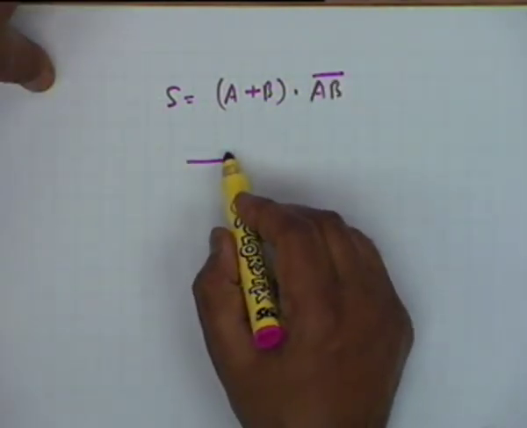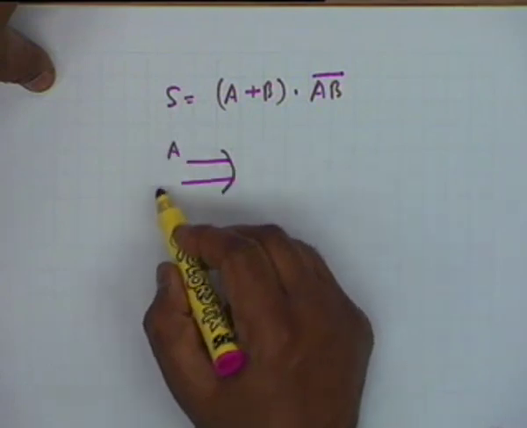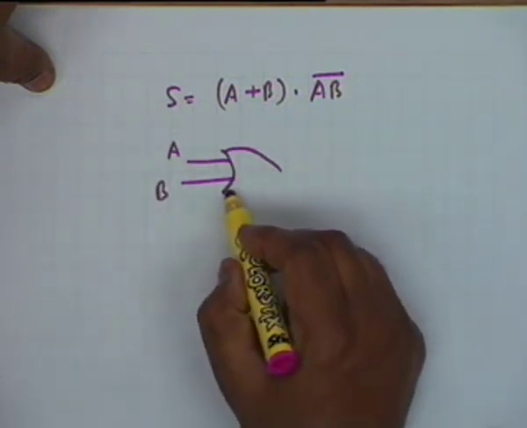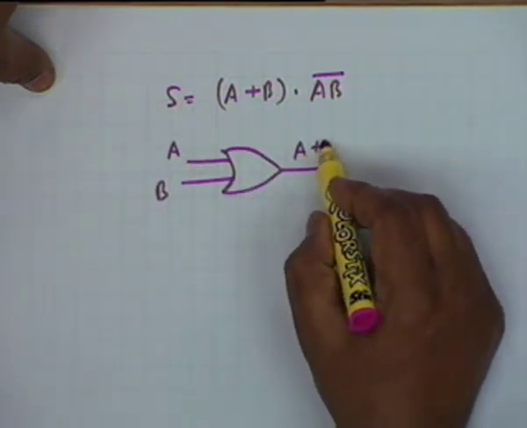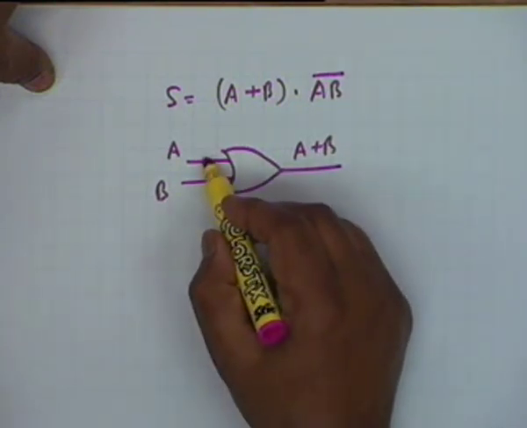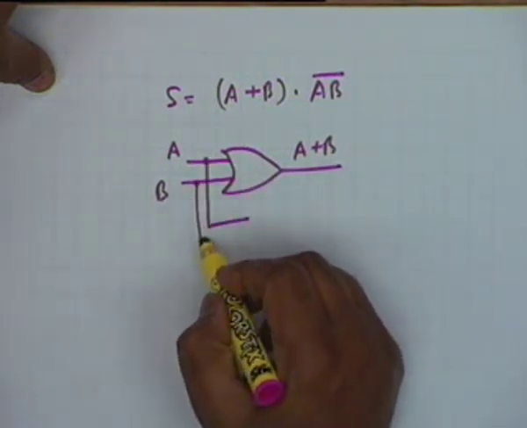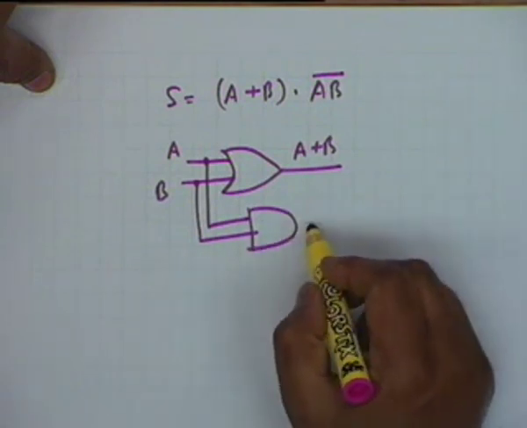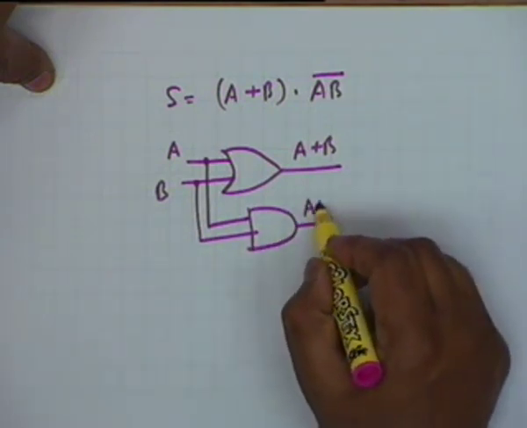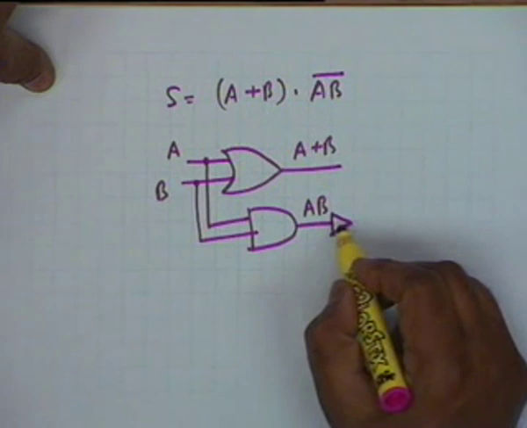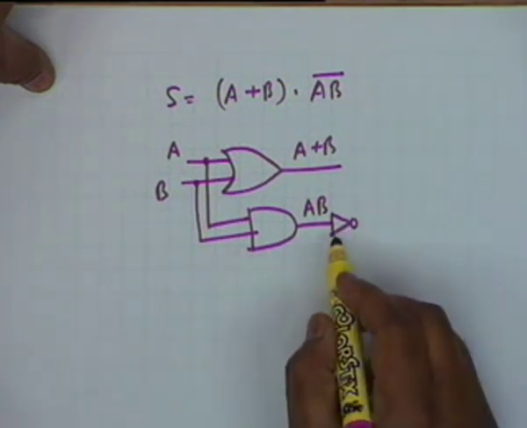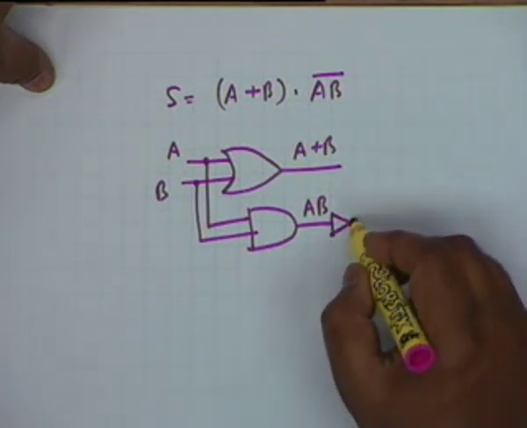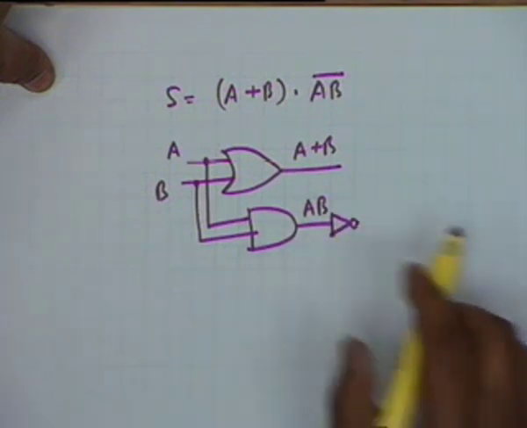You see, I have A and B. I have an OR gate, so this is A or B. Then I have A and B. Then a NOT, or I could combine the two. All right, let's take an AND.